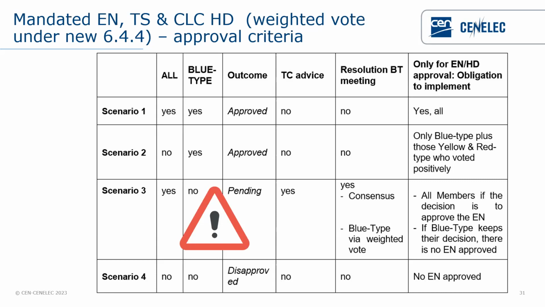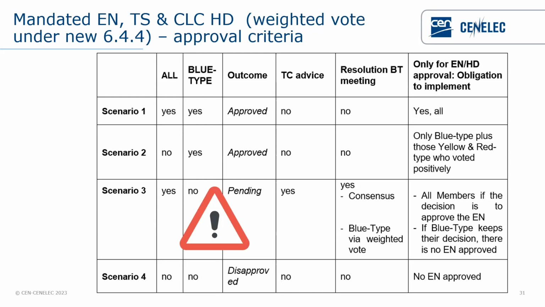So first we cover EN, TS, and CENELEC HD because they are all approved via weighted vote. Via weighted vote was, in the current edition, the 2022 edition of Internal Regulation Part 2, covered under 6.1.4. It will be covered for mandated work under 6.4.4.